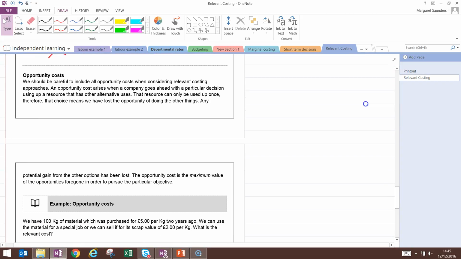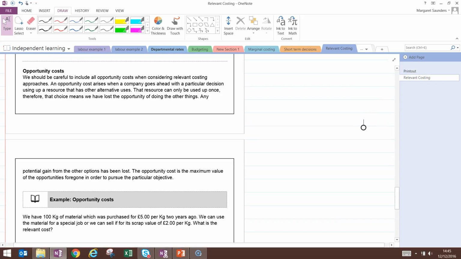Finally, we need to think about opportunity costs. Opportunity costs are costs that arise when a company goes ahead with a particular decision, using up a resource that has other alternative uses.